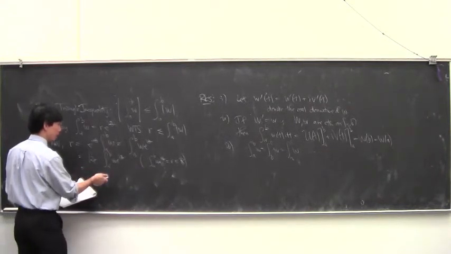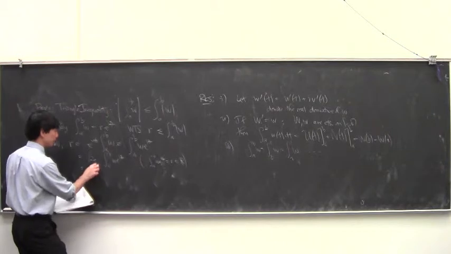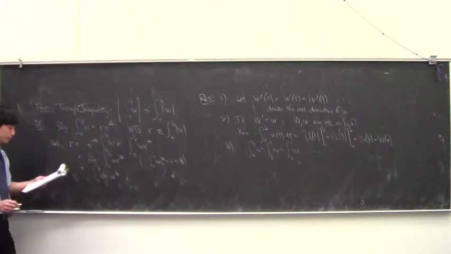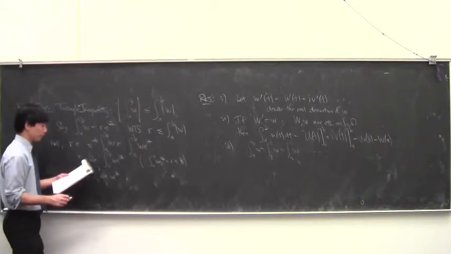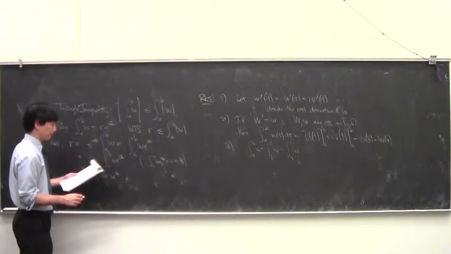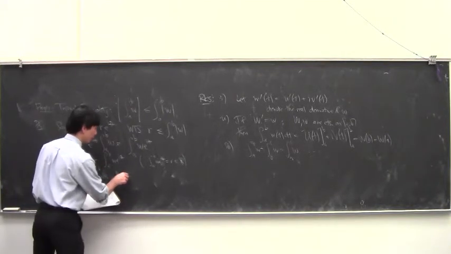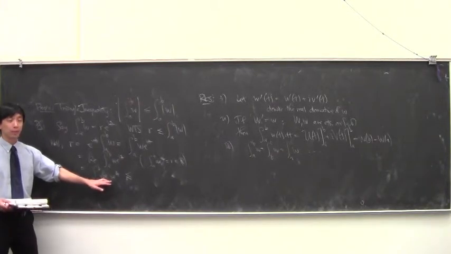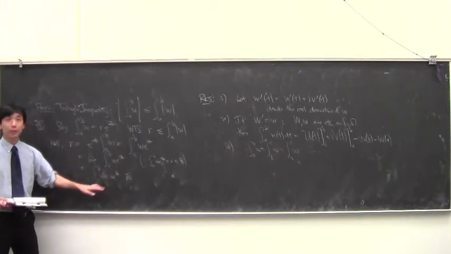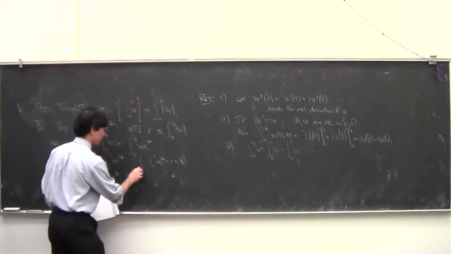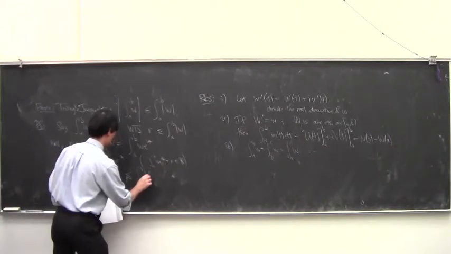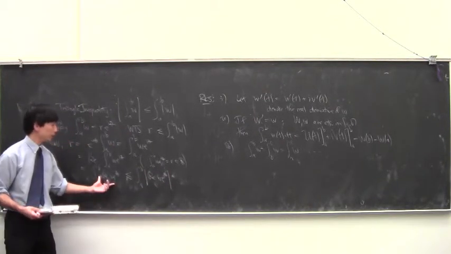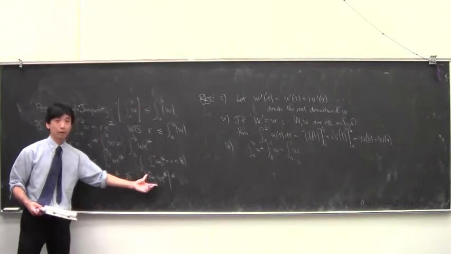Now the real part of an integral is the same thing as the integral of the real part. And now I pull in the real value triangle inequality. So the integral is controlled by the integral of the absolute value.